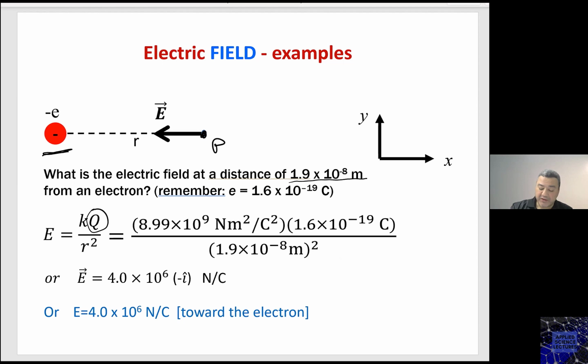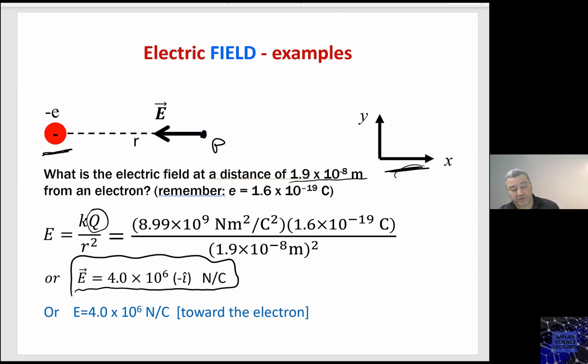So what is the magnitude? The magnitude is 4 times 10 to the power 6. However, since the electric field is pointing toward the negative charge, it will be in the negative direction of the x-axis, and that's why I wrote it as E equals 4 times 10 to the power 6 minus i hat newton per coulomb.